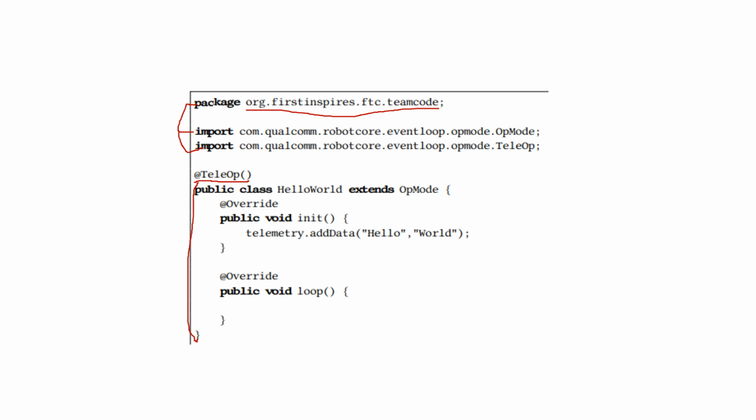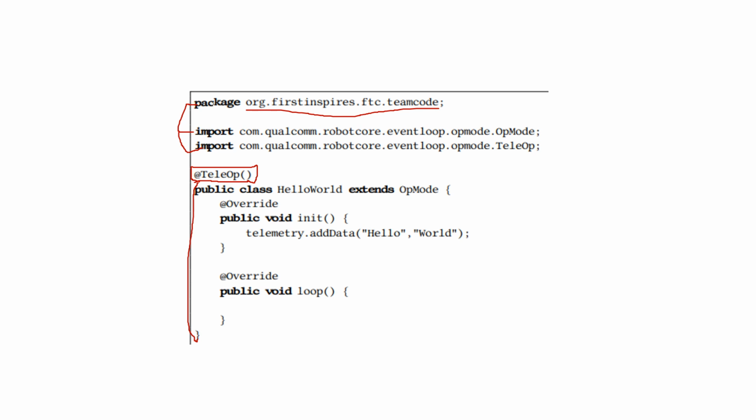There's also the @Disabled annotation, and if you have that, then your code will compile, but it won't be shown in the list of op modes. The Disabled annotation is pretty important and useful when you start testing out your code, as it lets you just ignore some of the op modes that aren't needed.